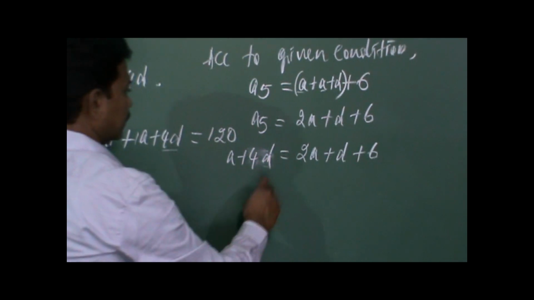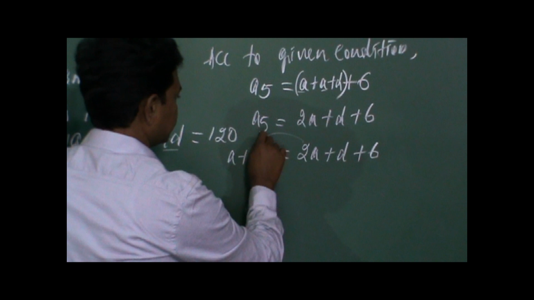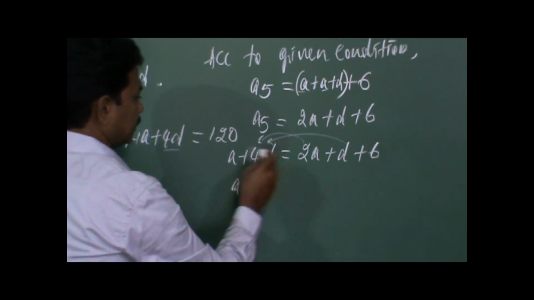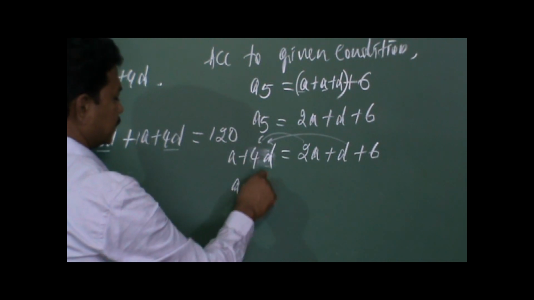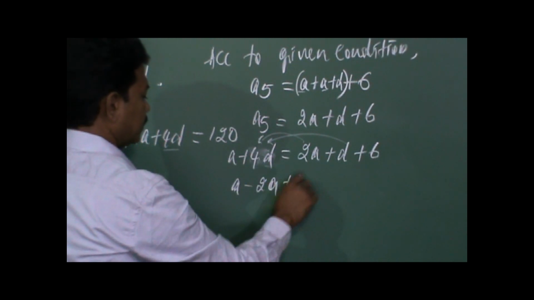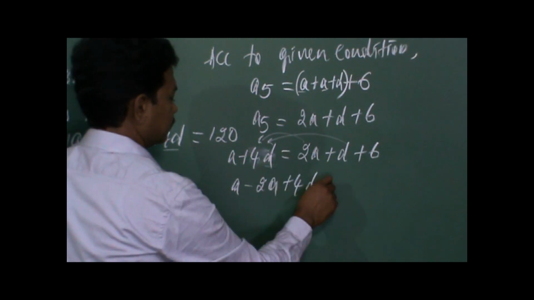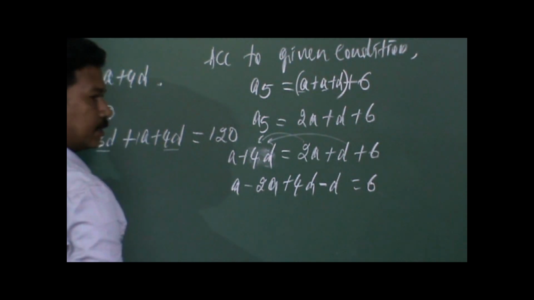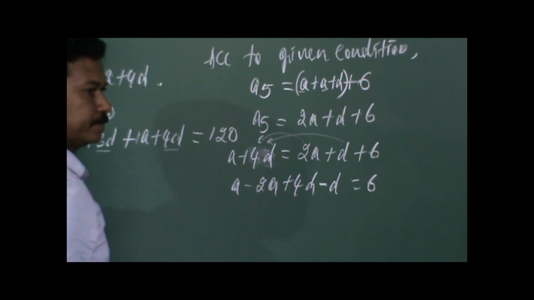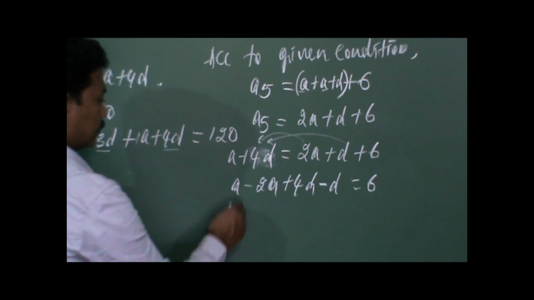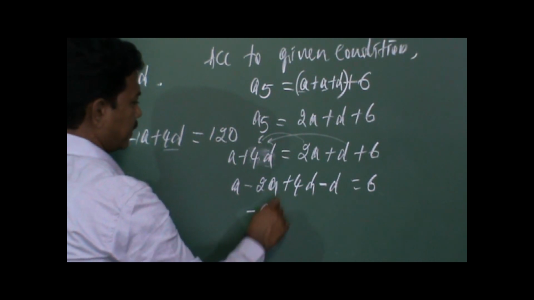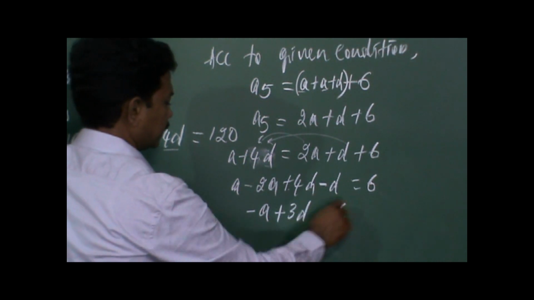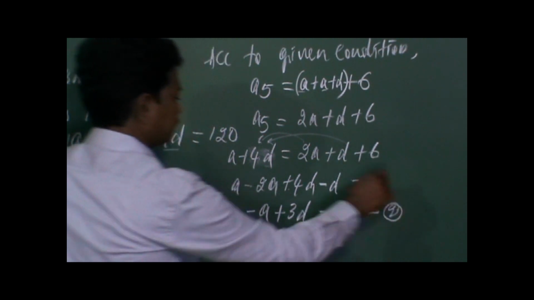Let us transpose these two terms to the other side. The 2A, when transposed, is minus 2A, plus 4D remains, and D becomes minus D, equal to 6 remaining on the RHS, because we have to set up a linear equation in two variables. So A minus 2A is minus A, plus 4D minus D is plus 3D, is equal to 6. Take it as equation 2.